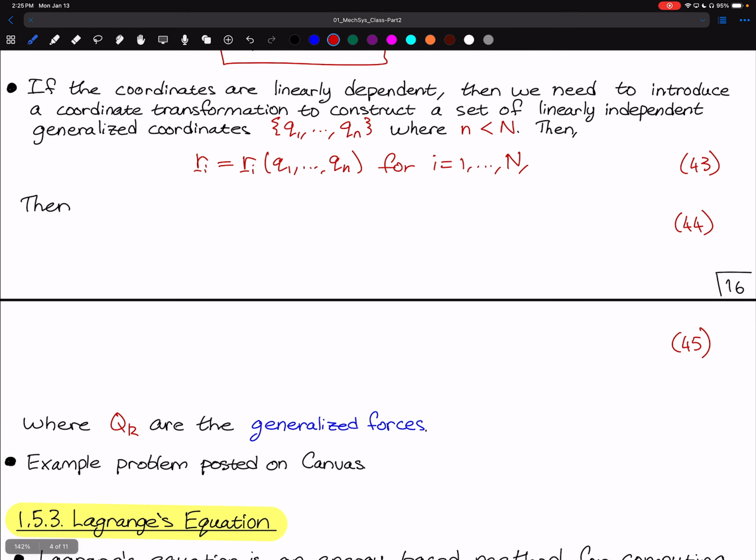We're going to get the summation from i equals 1 up to big N of big Fi dotted with the quantity, the partial of Ri over partial q1 times delta q1 plus ... plus partial of Ri with respect to partial qn times delta qn, and all of that is then equal to 0.